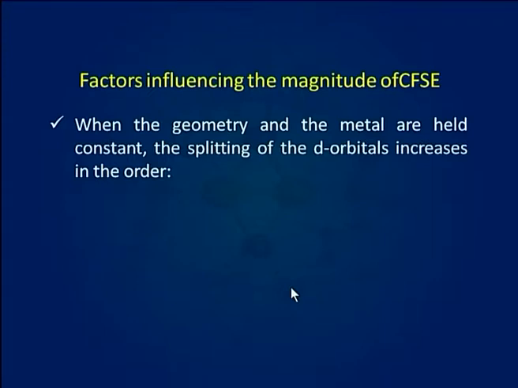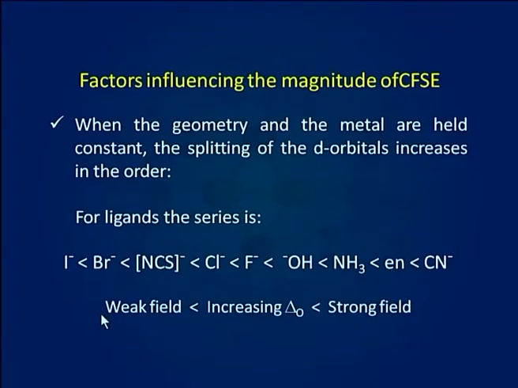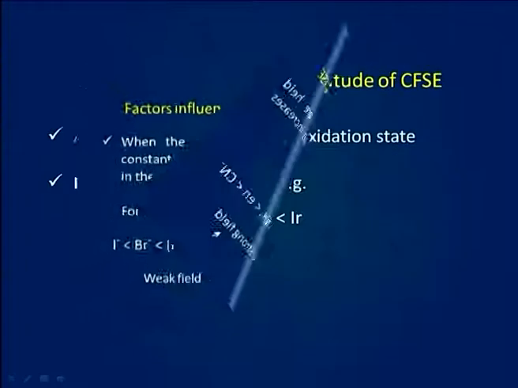When the geometry and the metal are held constant, the splitting of the d orbitals increases in the order I-, Br-, NCS-, Cl-, F-, OH-, NH3, en, CN-. That is, from weak field towards strong field.